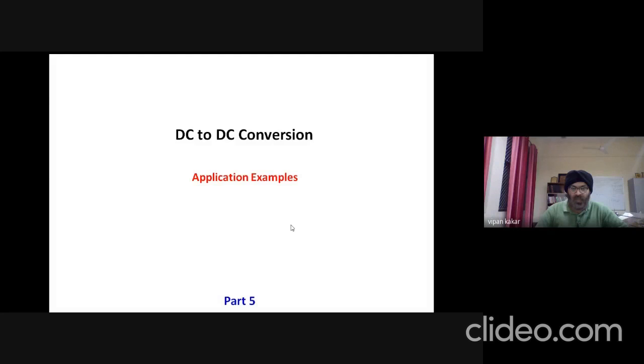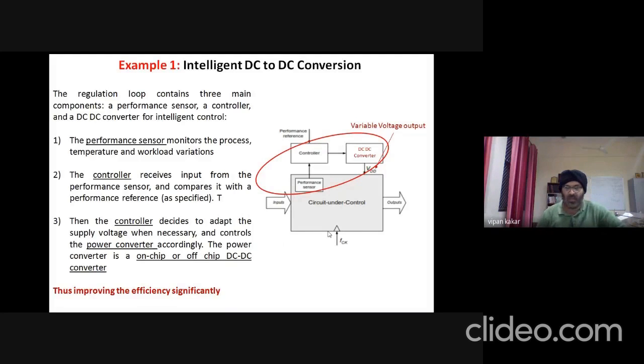Okay, now application examples. This is one example, as I just mentioned earlier, intelligent DC to DC conversion. So in this voltage loop, which is marked over here, there is a performance sensor which senses the performance, based on the workload. Let's say this is a smartphone. So based on the workload, it senses how much workload is required. Let's say if you're gaming, more computation is required, because games are always computationally very extensive.